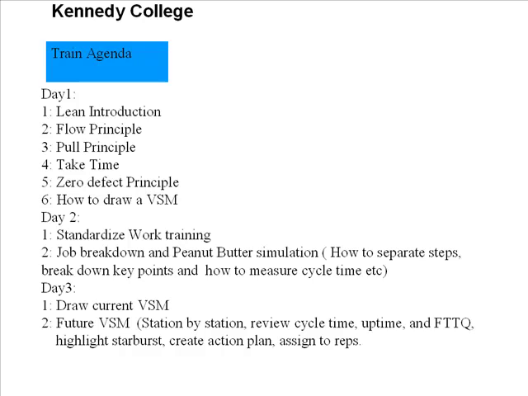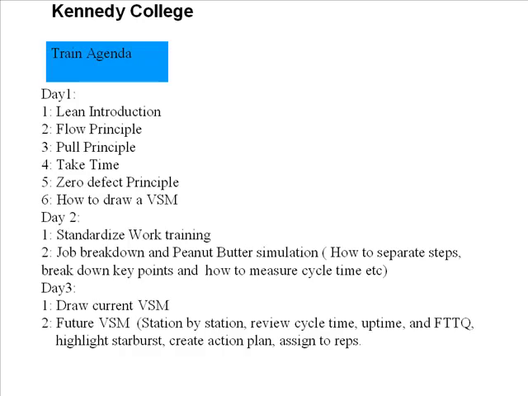And on day three, once we have the training, everybody goes to the floor. By everybody, I mean the team, right? A cross-functional team. This team may include production people, maintenance people, engineering, and quality. So we go to the floor, we go to the focus area. Let's draw our value stream mapping.